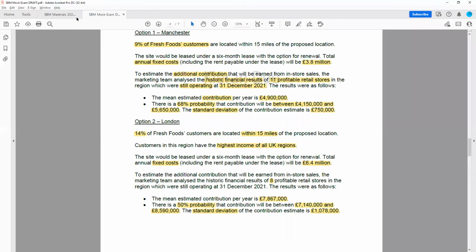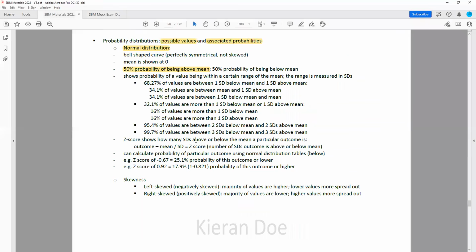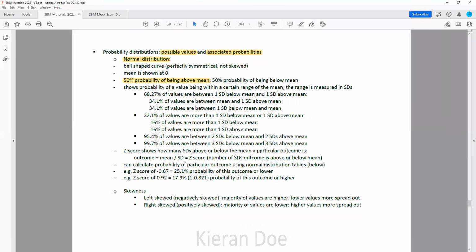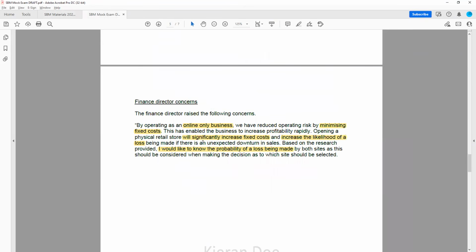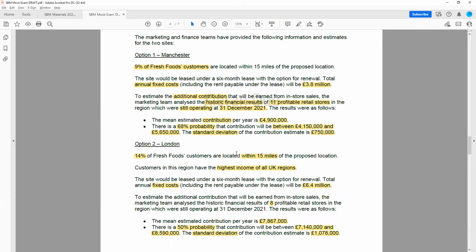So once we know that, we can actually calculate the probability of a particular outcome. You might think, what type of outcome should we calculate? Well, remember, the FD said that they wanted to know the probability of a loss being made. So if we think about Manchester, how would a loss be made?